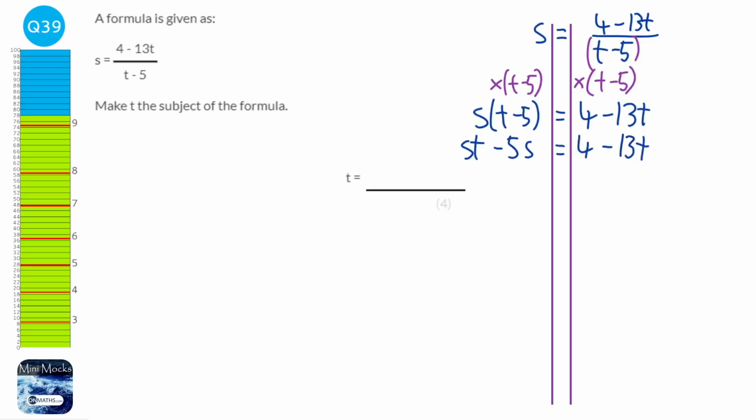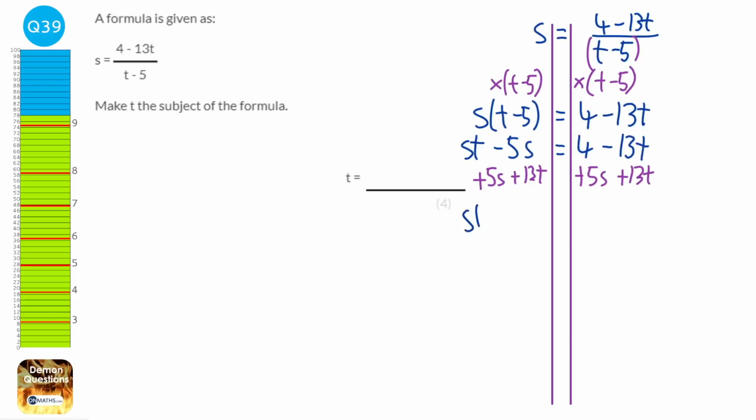And the objective here is to get all the t's on the same side. So I'm going to add the 5s and I'm going to add the 13t. So add 5s and then add 13t. And so effectively we're just moving this on the other side and this on the other side.